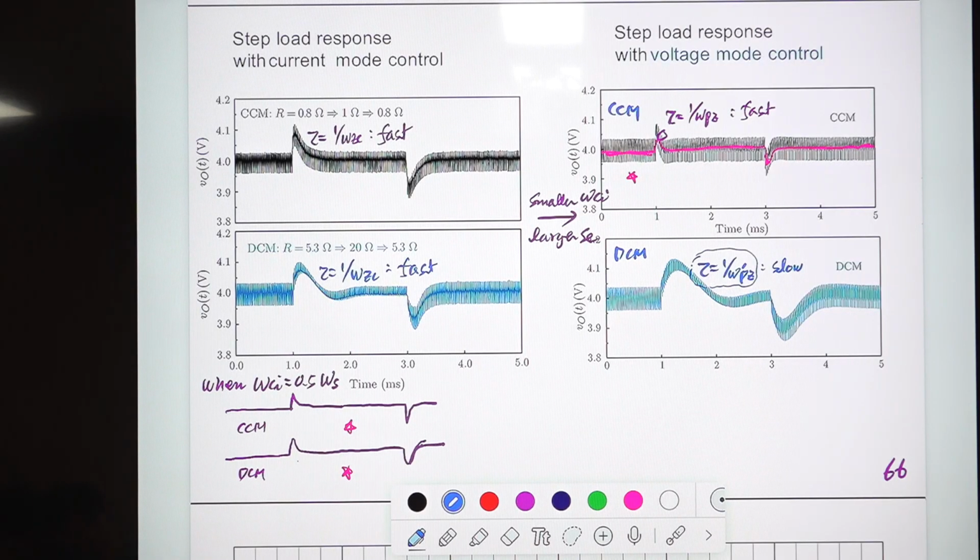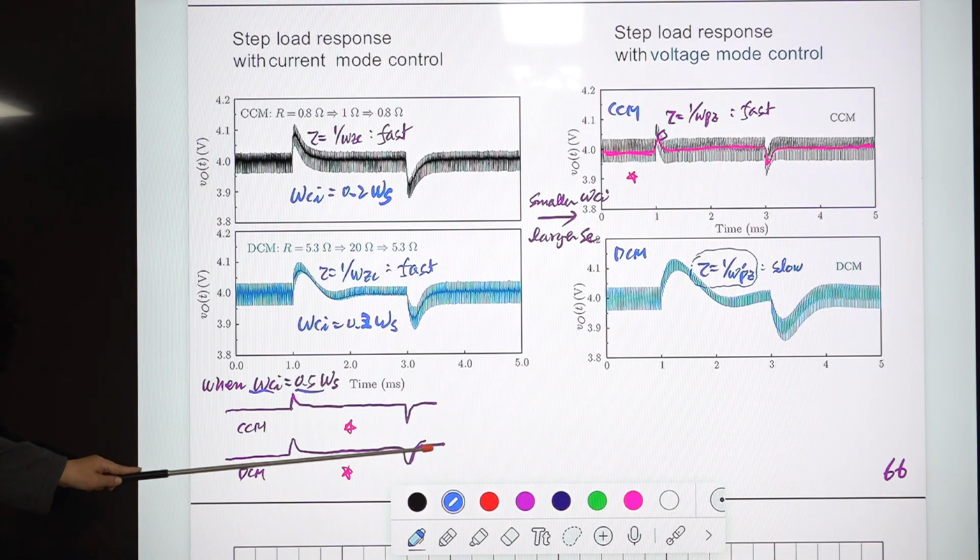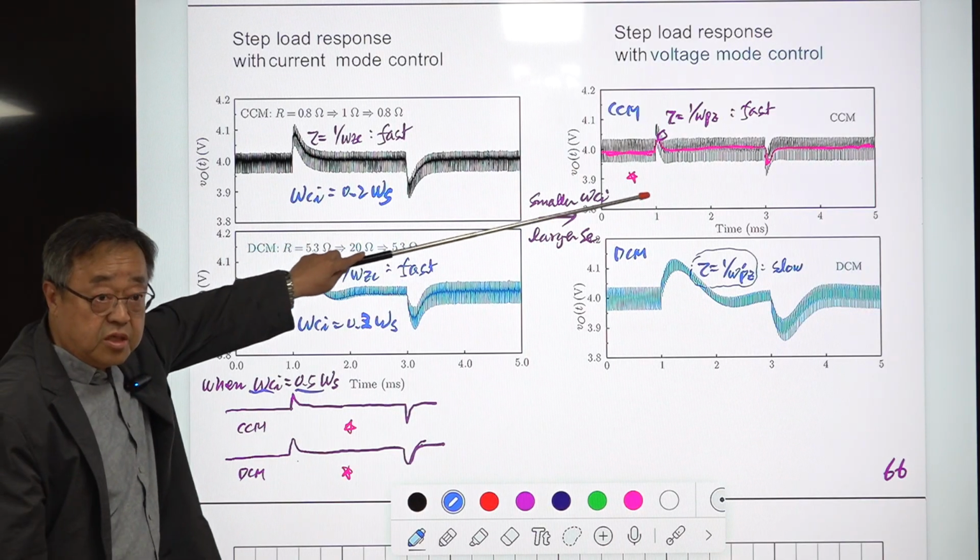Initially, I selected omega CI as 0.2 omega S. Okay, but if I select this, I push everything to the extreme design within stability, then I will have this CCM transient response and a very similar transient response at DCM, which is very similar to this.